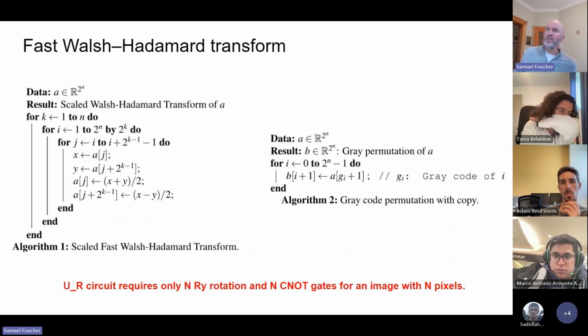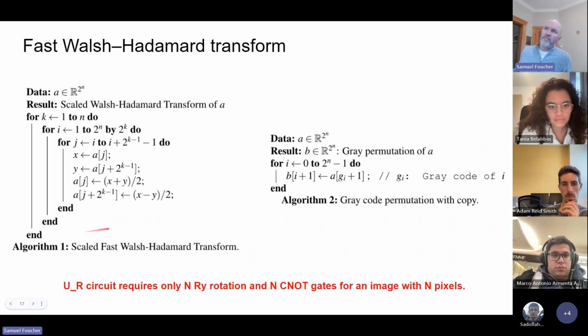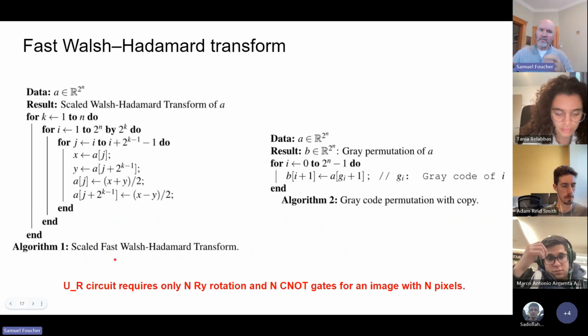So the fast Walsh-Hadamard transform is a very efficient transform. It's really related to the fast Fourier transform. So it's always the same pattern here that you're going to use to do the fast Walsh-Hadamard transform. And it's just a reordering of the operations, in fact. And the gray code is a way to organize the values, my understanding.